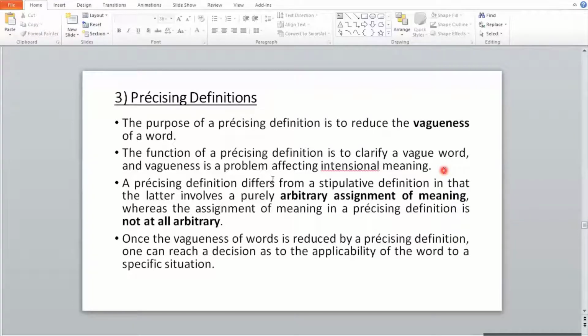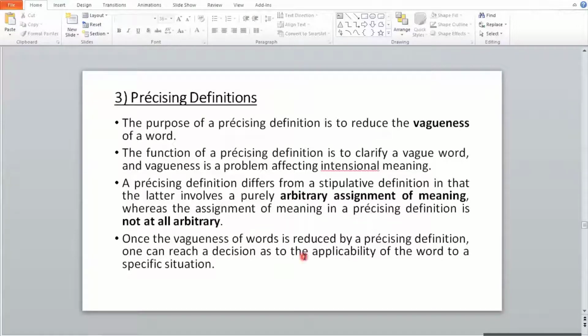Whereas in the case of precise definition, the assignment of the meaning is not based on arbitrariness, like the lexical definition above. There is no arbitrary assignment of words, which means we can say it's true or false.